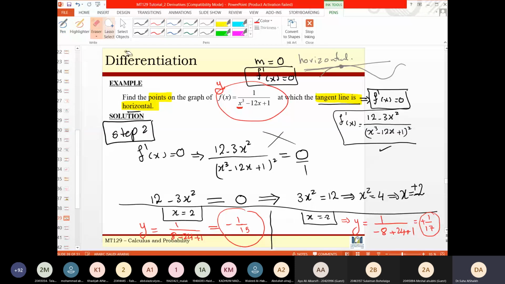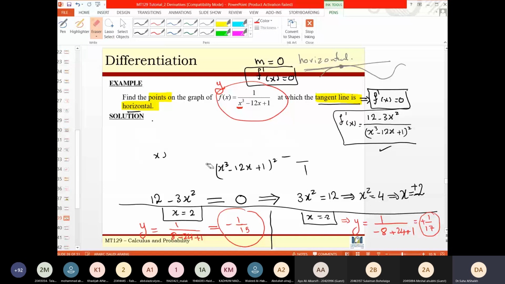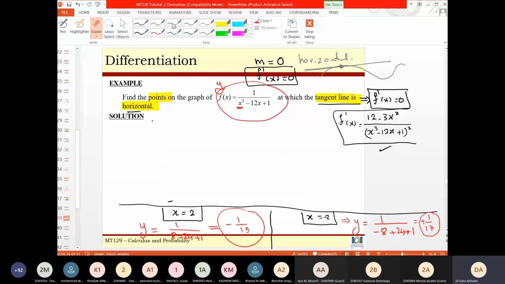So we got 2 points where the tangent line is horizontal. The 8 is a substitution. I substitute here: one time I put 2, so it will be 2 cubed minus 12 times 2 plus 1. 2 cubed is 8. You got it now. I substituted in the function, one time with 2, one time with minus 2.